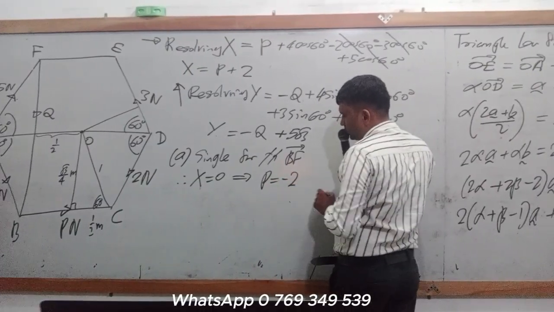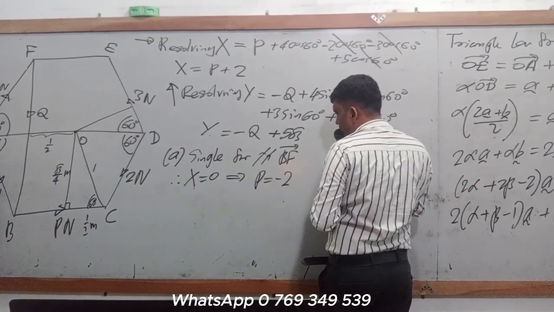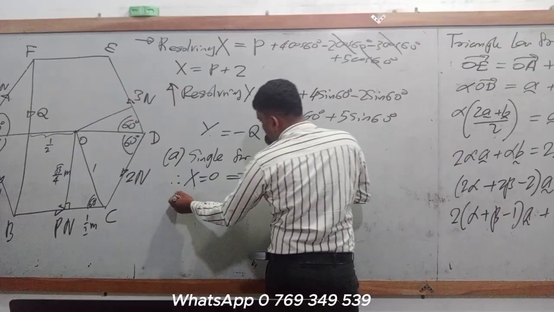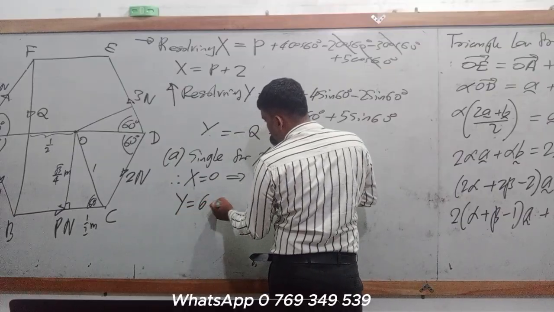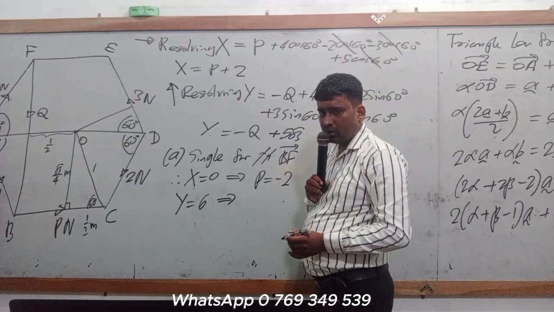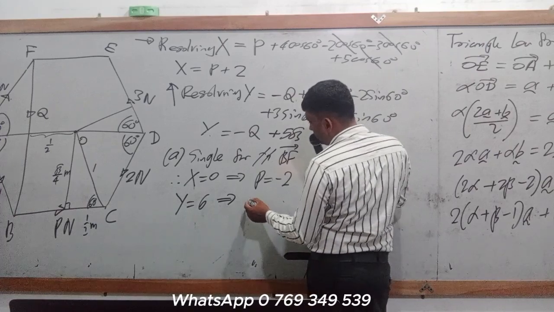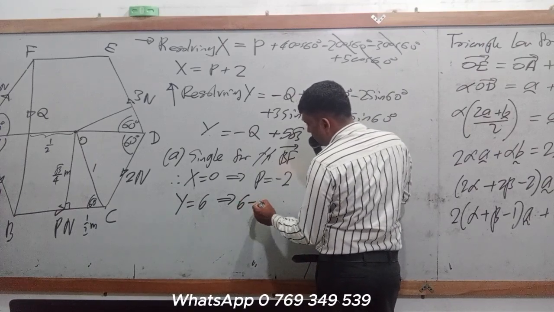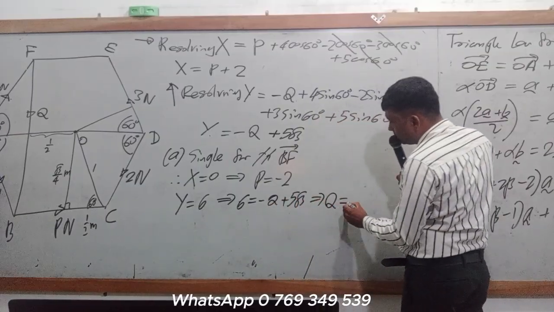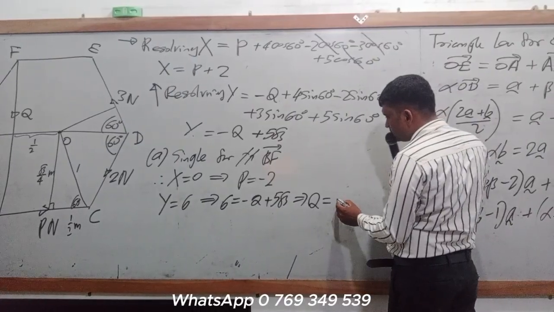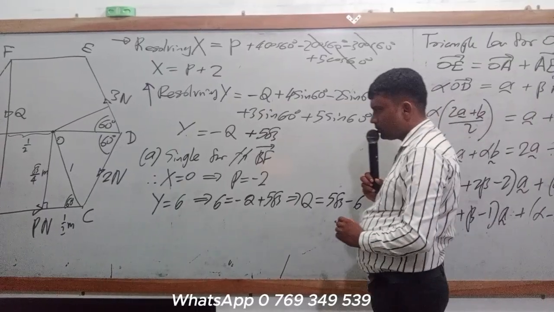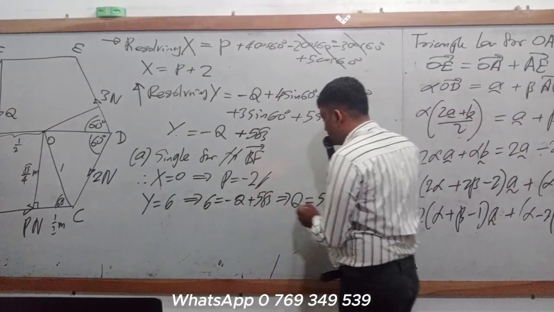Y equals 6 Newton. Therefore, 6 equals minus Q plus 5 root 3. Therefore, Q equals 5 root 3 minus 6. These are the answers.